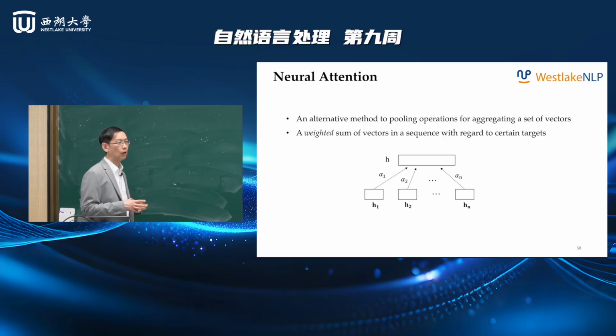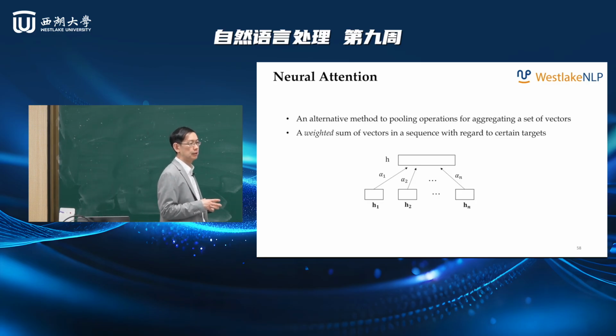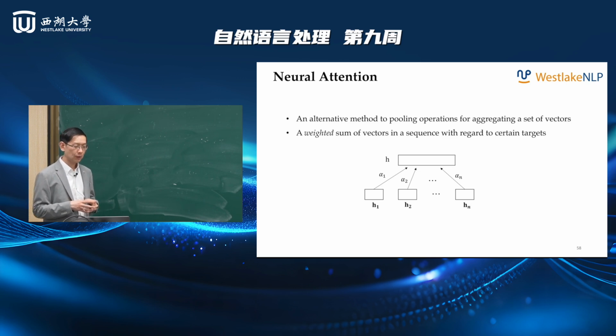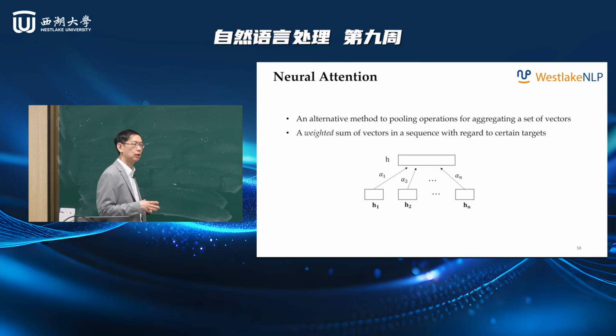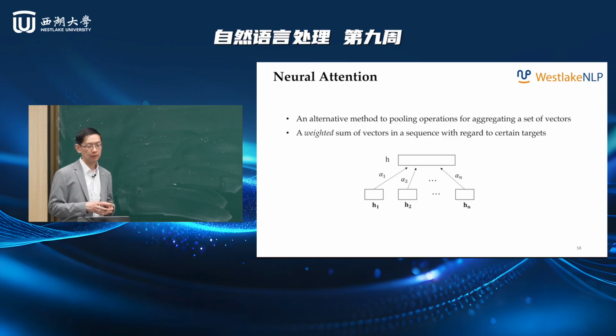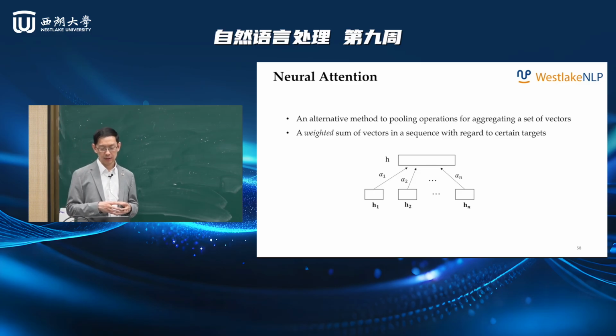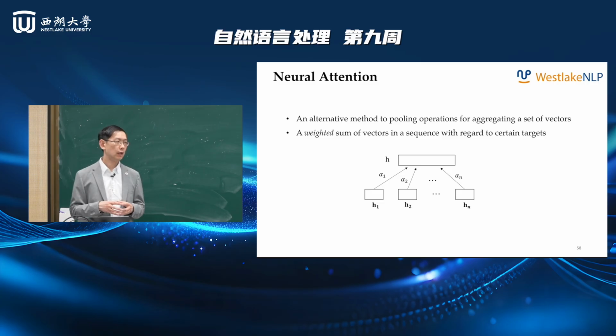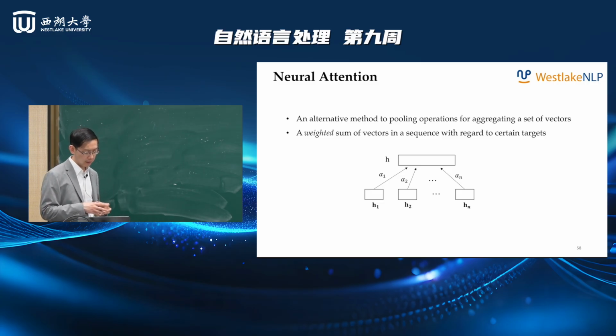So attention is the sum of alpha_i times h_i, where alpha_i is a weight. These alpha_i are between 0 and 1, and they add up to 1. So when you're given a sequence of inputs, the output h is a weighted sum of the sequence of inputs, where each one is weighted by alpha_i.